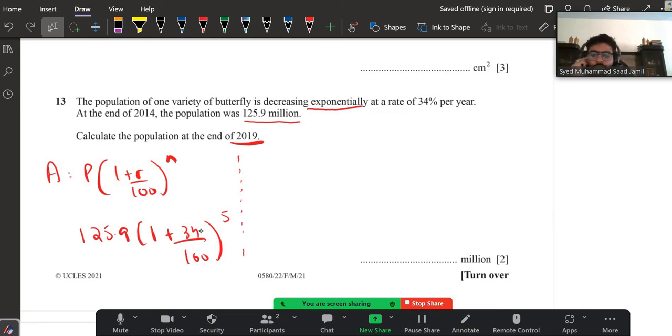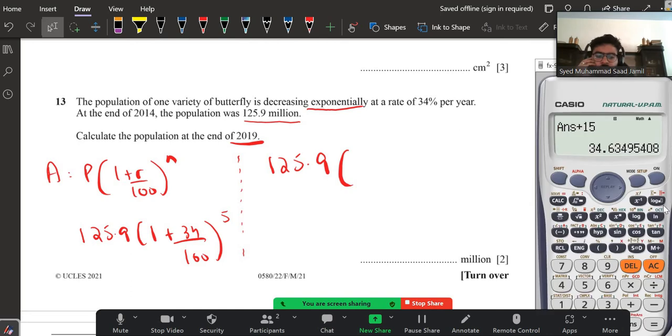Rather than doing that, you can just plug it into the calculator. This whole thing. So let me write it down.